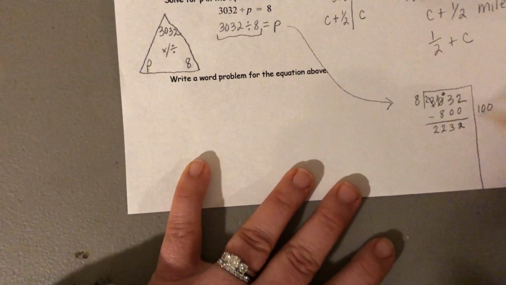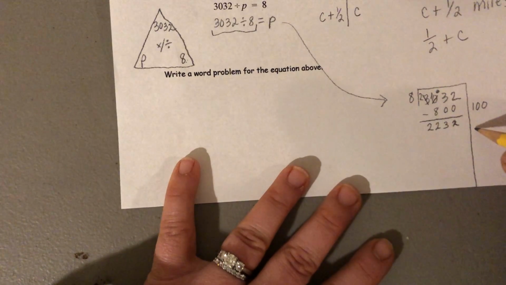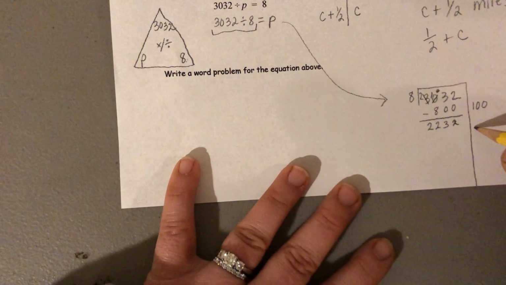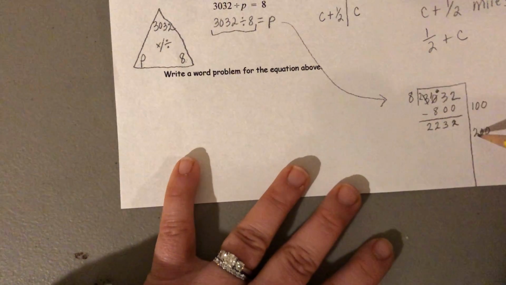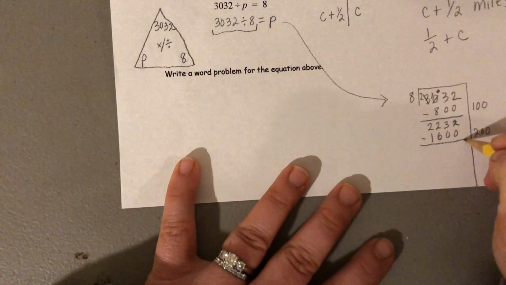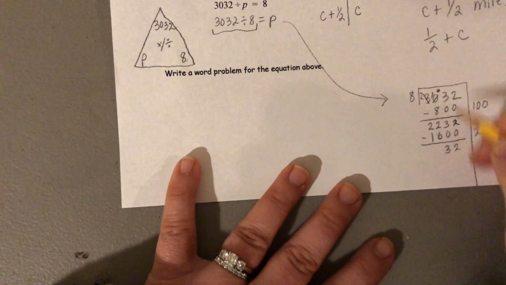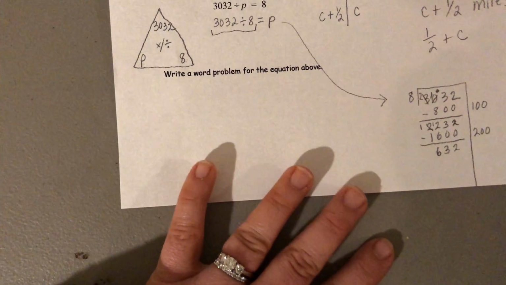Okay. This time I don't want to get too big. Maybe I'll do 200 this time. So 8 times 200 would be 1600. Now I'm going to subtract, so 1432.